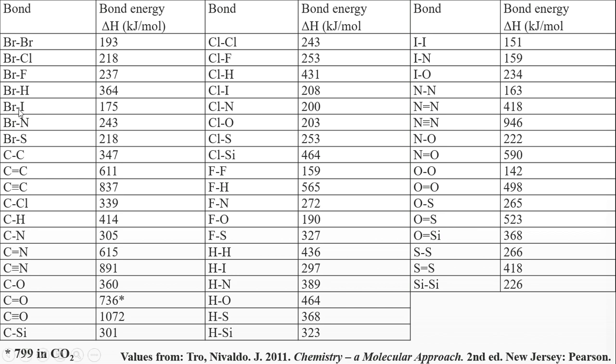Here we have different types of bonds and the bond energy, so the energy required to break 1 mole of a specific type of bond. For example, in order to break a carbon-carbon covalent bond, we need to apply 347 kilojoules per mole. Because the more we have, the more energy we need to apply.